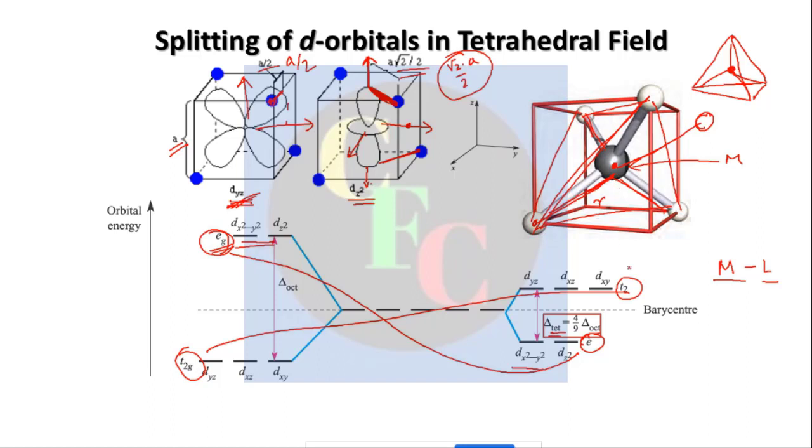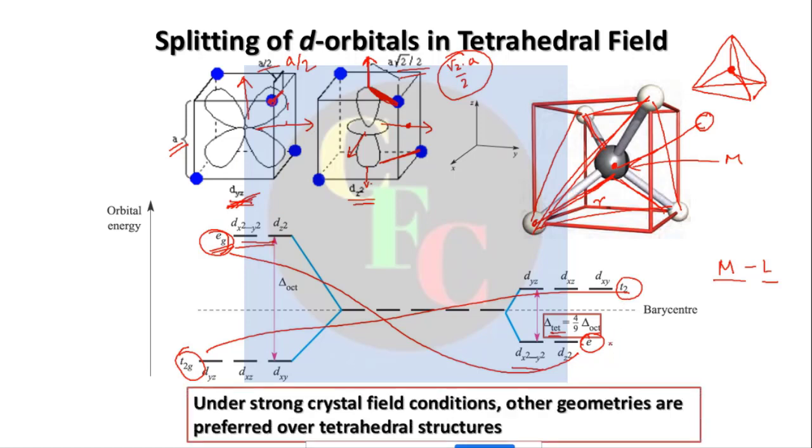That's why the subscript g is gone, so we call it here only T2 and E. Now one thing to remember: for any metal ligand system, if everything else is the same, then octahedral geometry, square planar, and all the other fields will be preferred over tetrahedral geometries, because tetrahedral produces very little crystal field, right?